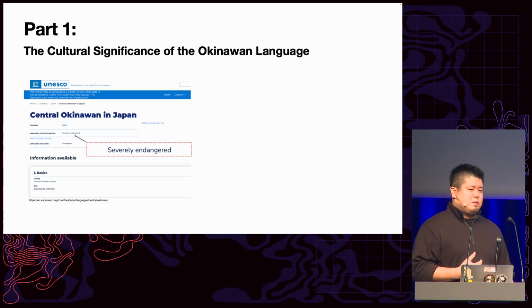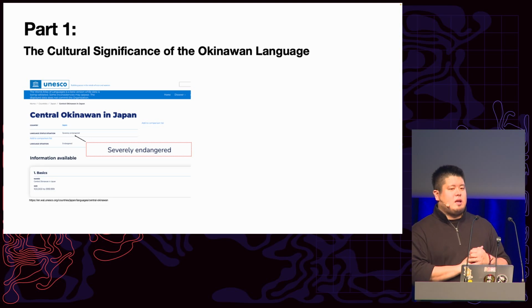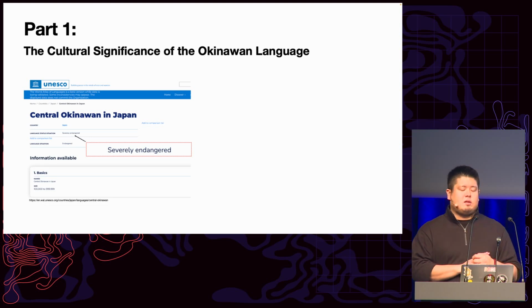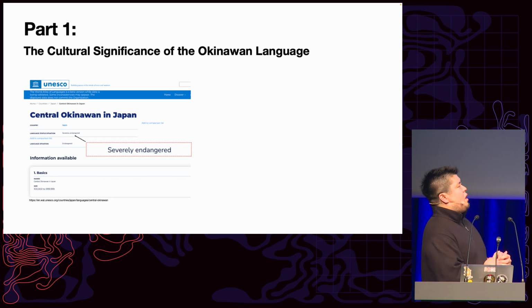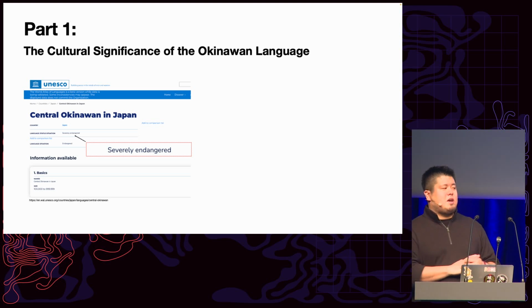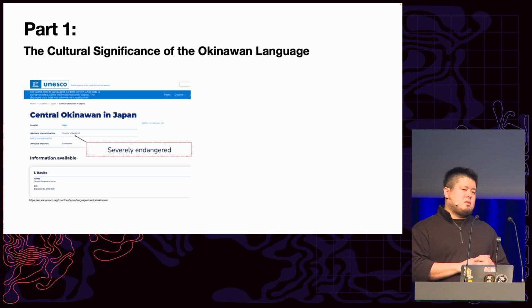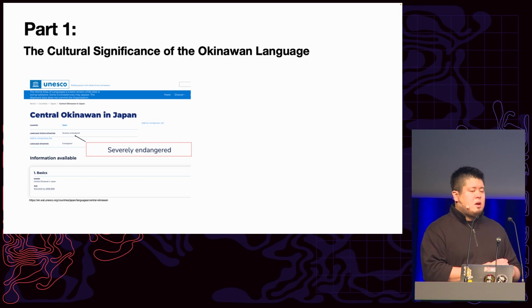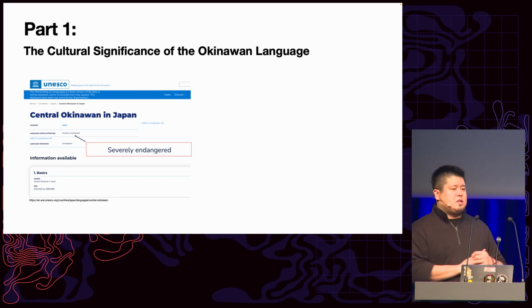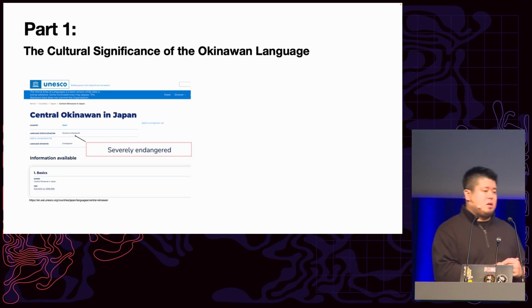I shall be punished." That resulted in a significant decrease in the speakers of the language, and unfortunately nowadays we only have about 10,000 to 15,000 fluent speakers, although the population of Okinawa is 1.4 million.